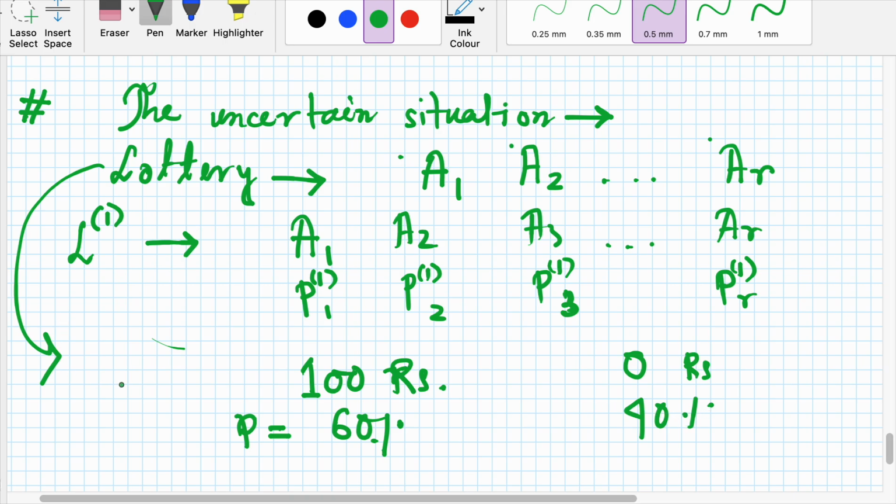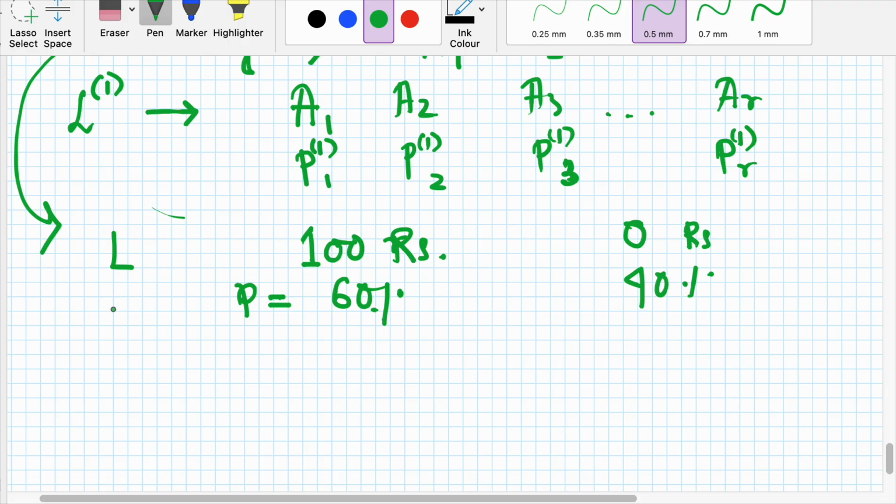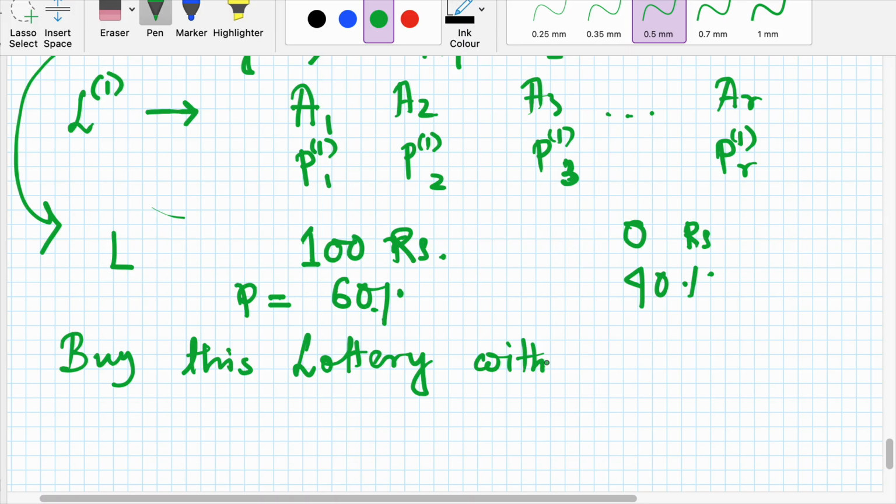So this is a lottery. Now the question is whether or not I will buy this lottery for some rupees, suppose 50 rupees.